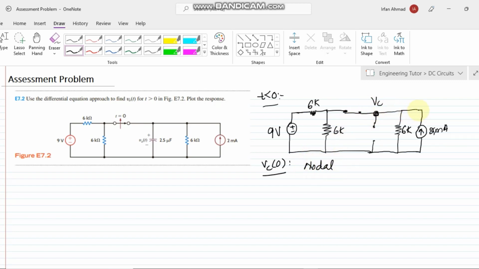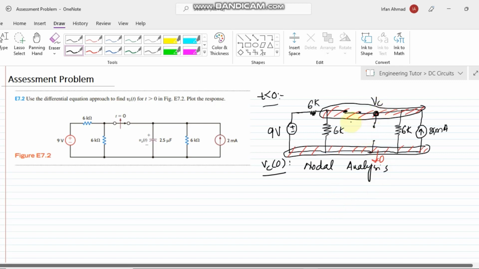I see here that we have only two nodes, this is node number 1, this is node number 2, so making it a reference node. How will this circuit behave in nodal analysis? That would be VC.